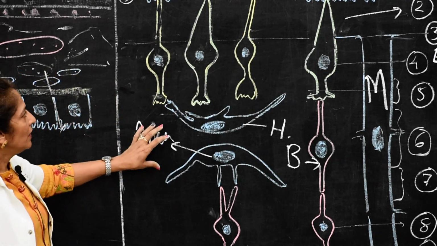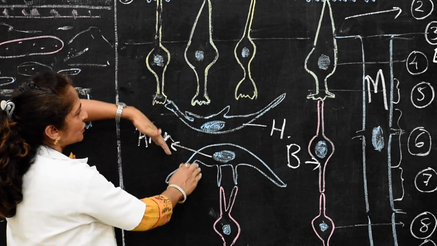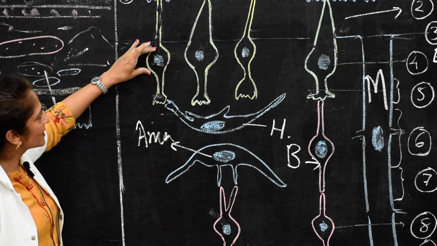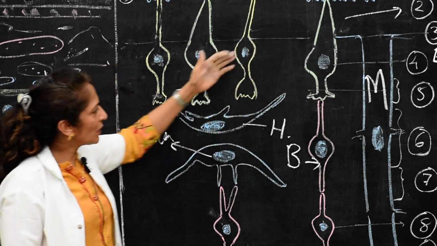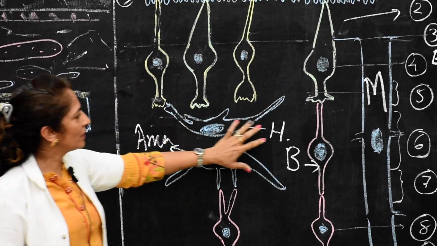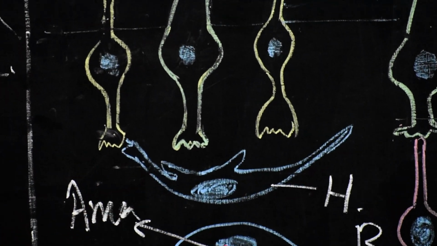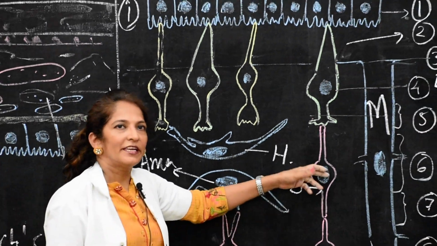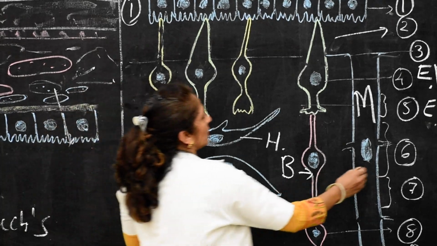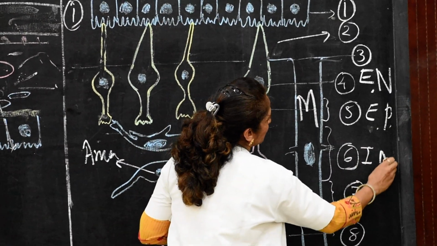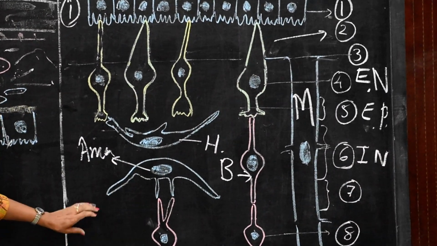Difference between these two nuclear layers: in the external nuclear layer the size of the nuclei is small, in comparison with the internal nuclear layer, where the nuclei are larger. You can differentiate that easily in the slide also. So that is the internal nuclear layer.